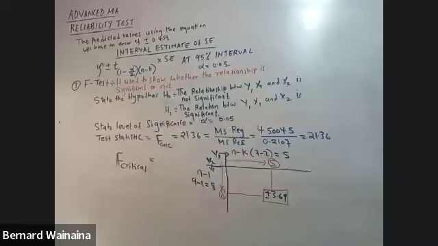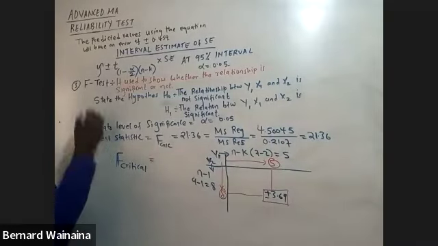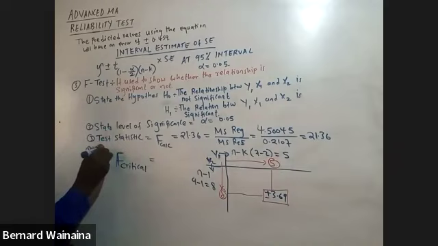Now that is step number. So step number 1 tumesema you come up with the hypothesis. Step number 2 we set the significance. Step number 3 we compute the test. Then step number 4, ndio decision rule. So hii F critical ndio decision rule. So 1, 2, 3, 4. Step number 4 decision rule.